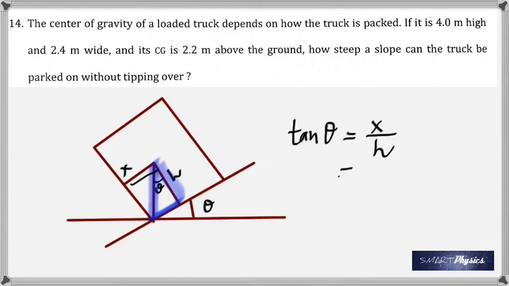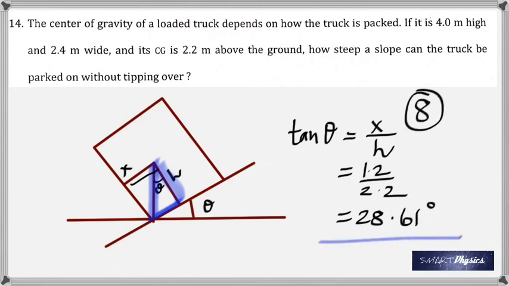So tan theta is X by H. X is 1.2, half of 2.4. H is 2.2, given in the problem. So tan theta gives 28.61 degrees. Which means you could place it on a slope of angle 28.61. If it's 28.62, say goodbye to the truck.